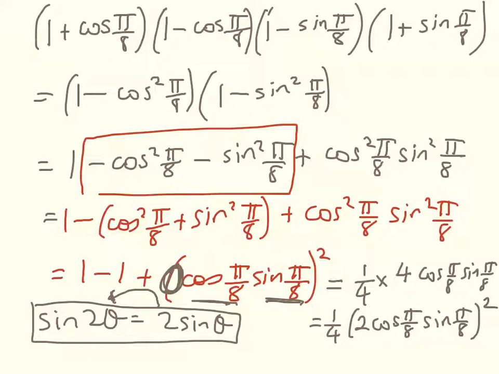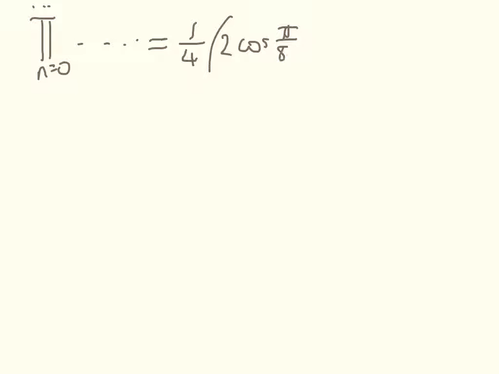So a new slide. So we've shown that huge thing that we started with now equals 1/4 of 2 cos pi on 8 sine pi on 8 squared. Right?